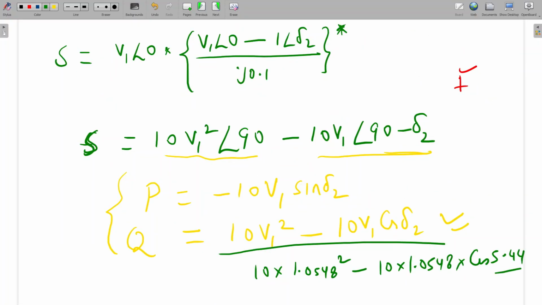What will be this value? 10 into 1.0548 whole square minus 1.0548 into cos 5.44.